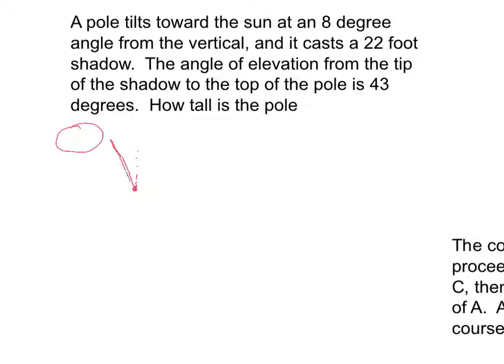It's tilting toward the sun, and that pole casts a 22-foot shadow. Shadows are always on the ground. And the angle of elevation to the top of the pole is 43 degrees.